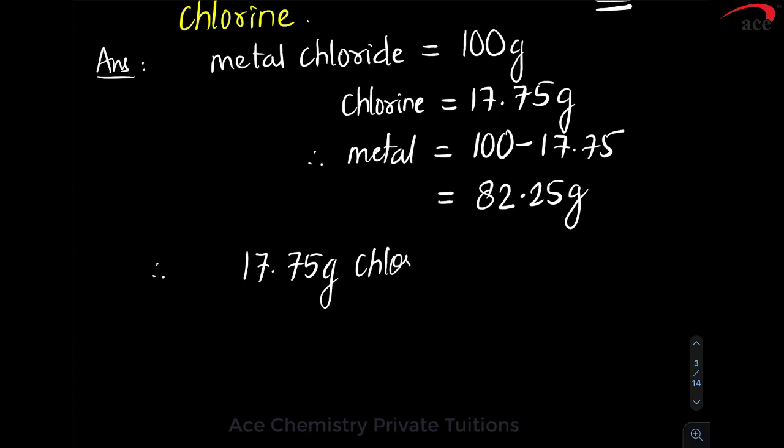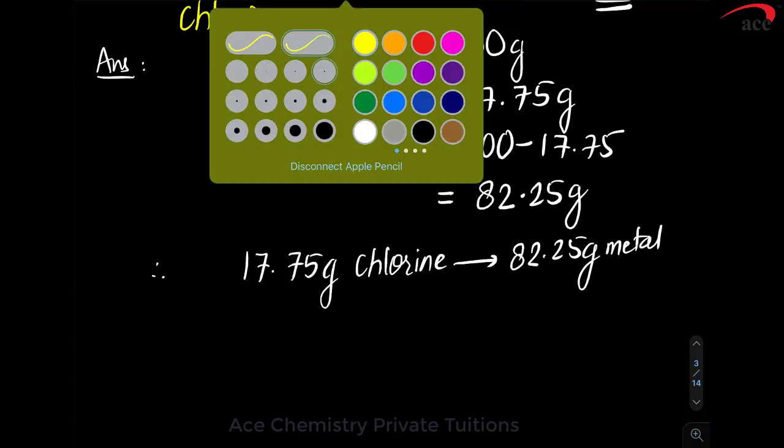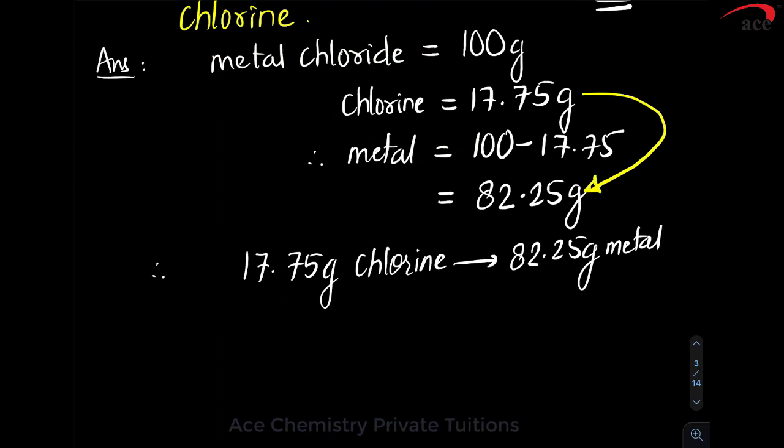So if you solve, 82.25 gram. Now can I say 17.75 gram of chlorine actually combines with 82.25 gram of metal? Correct. This much gram of metal it combines with, because that only makes up 100 gram.